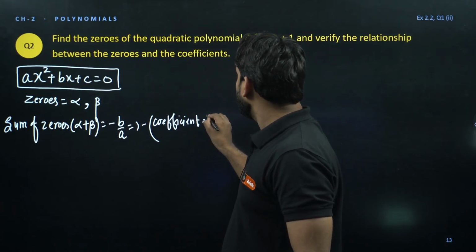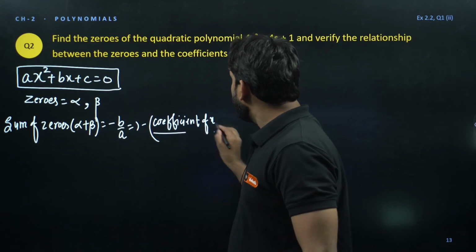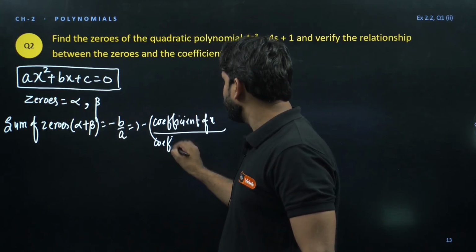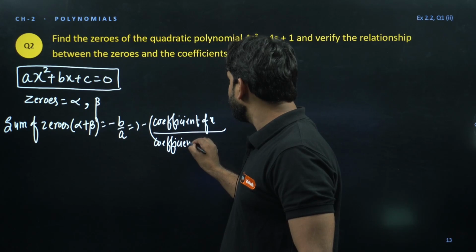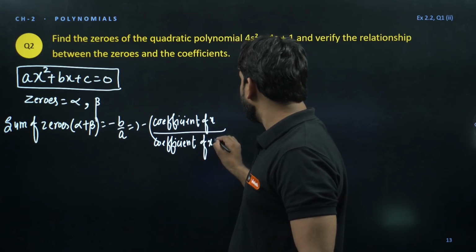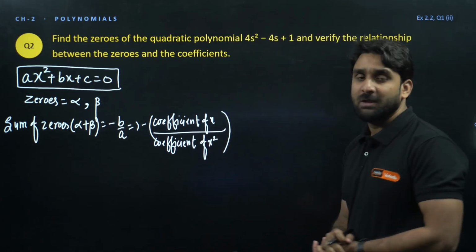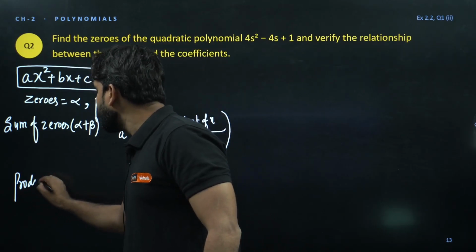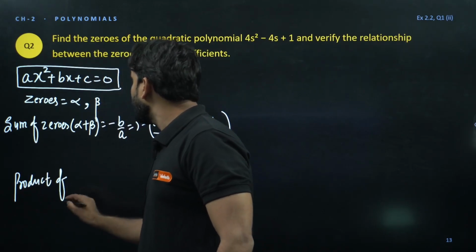And what is a? A is the coefficient of x square. This is the formula. And we have one more formula, the product of what?